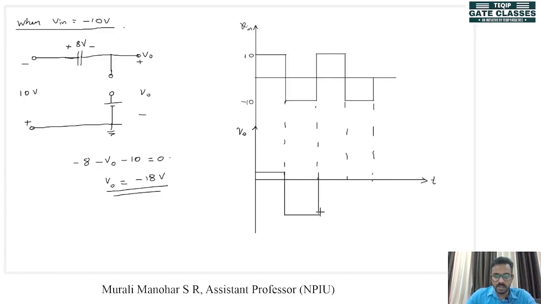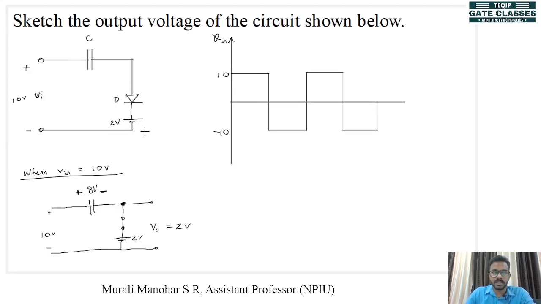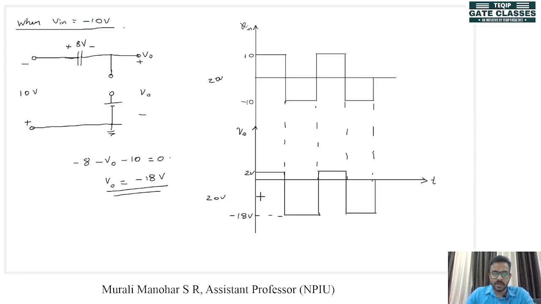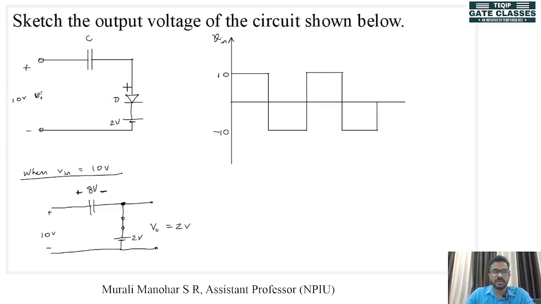So this will be our output voltage. This is 2 volt and this is minus 18 volt. Now you can infer something from here. In the clamper circuit, the peak to peak voltage of input and output remains the same when we assume that the diodes are ideal.